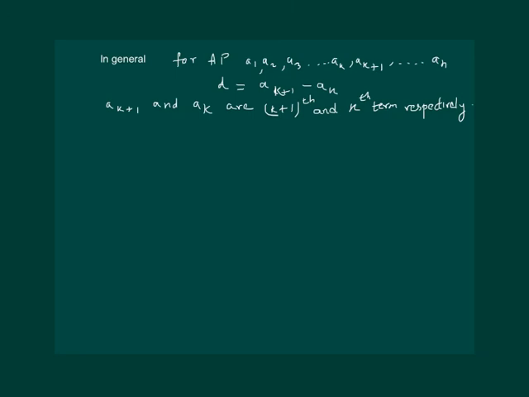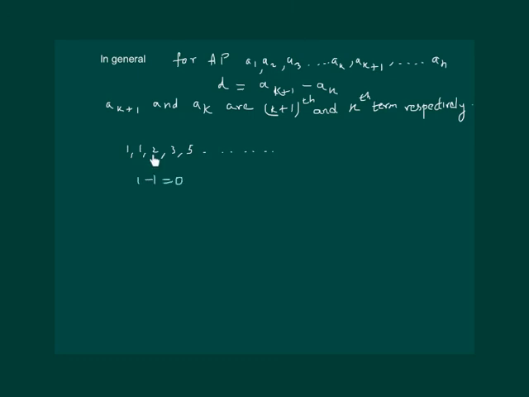Consider the list of numbers 1, 1, 2, 3, 5 and so on. By looking at it, we can tell that the difference between any two consecutive terms is not the same. For instance, if we take the first and the second term, the difference is 0.